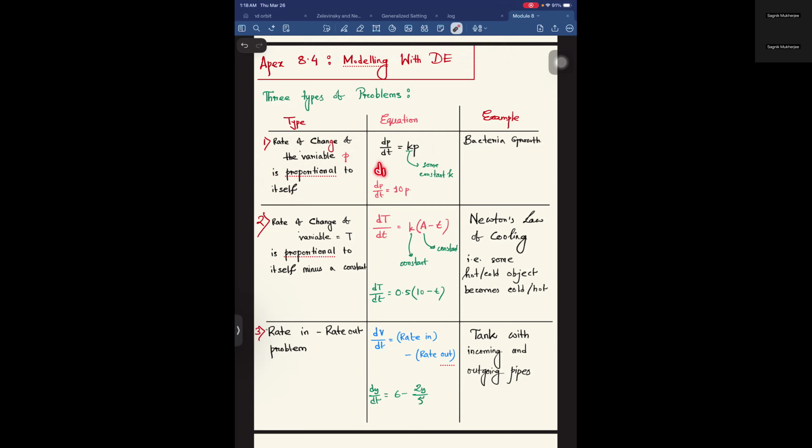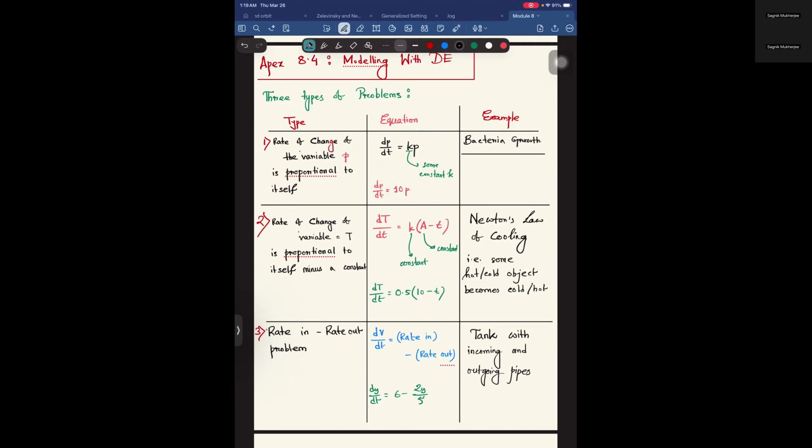I mean, dP/dt is proportional to itself, meaning it is some constant k multiplied to P. An example is this guy, where the constant k is 10. What is a typical scenario? Bacterial growth in a culture, right? So if the bacteria population is denoted by P, then the population can be modeled by this differential equation. And what is the solution to this differential equation?